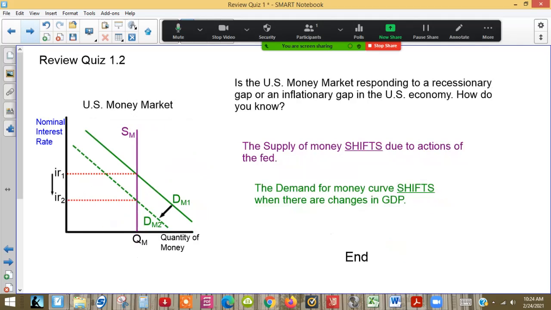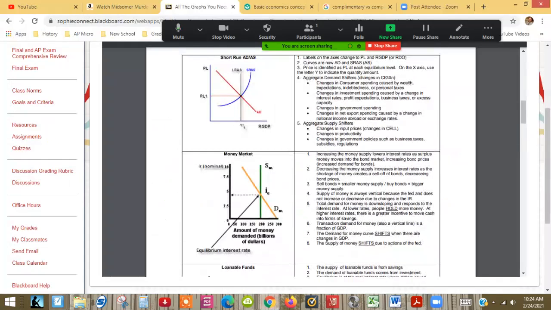Lastly, how does this impact the U.S. money market? Now, understanding the money market, I would also highly recommend going back to your handout and reading all about the money market graph. It's also in your book.